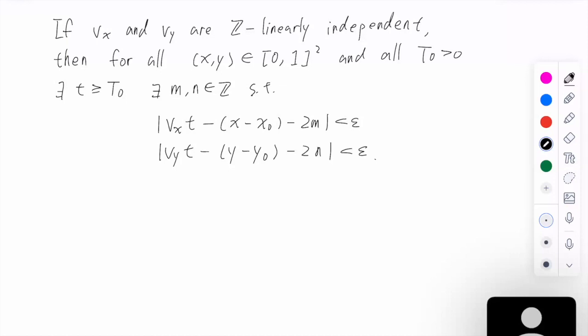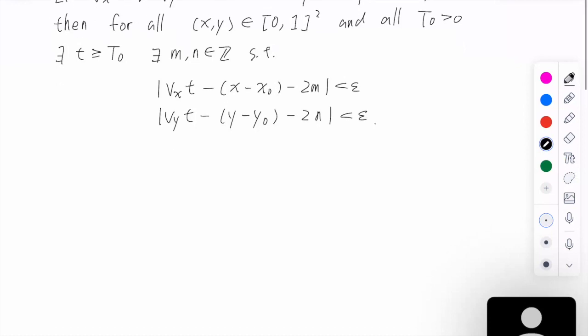So what we are left with is that we want to prove that if Vx and Vy are Z-linearly independent real numbers, then for every point (x, y) inside the unit square and every t0 greater than 0, we can always find some t greater than t0, and some integers m and n, such that these two inequalities are satisfied.